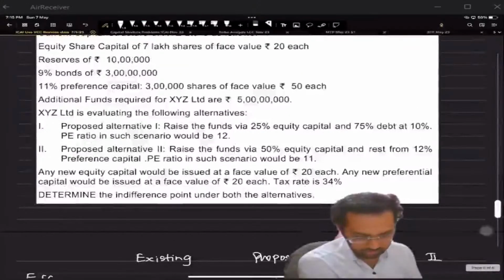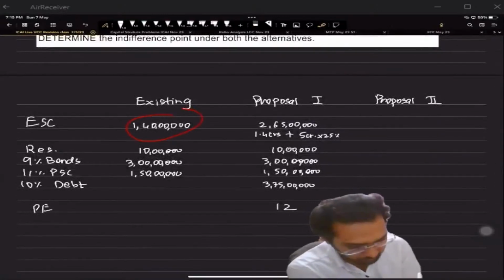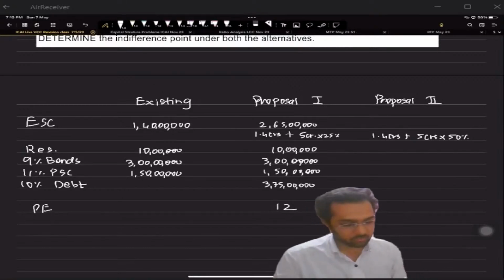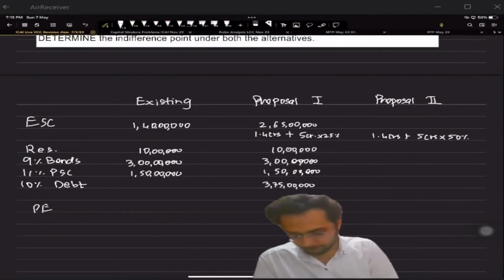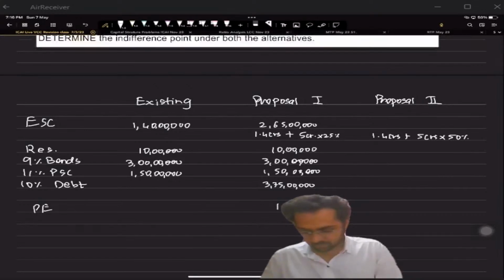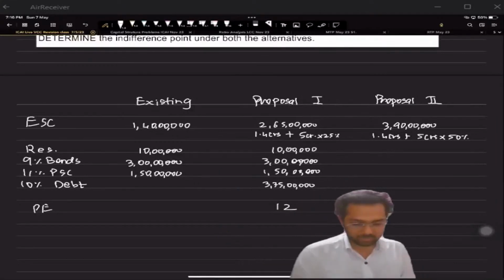Now, in the second proposal, raise the funds by 50% equity. It means you already have 1.4 crores plus 5 crores multiplied by 50%. You have 2 crore 50 lakhs plus 1 crore 40 lakhs, which is 3 crores 90 lakhs.